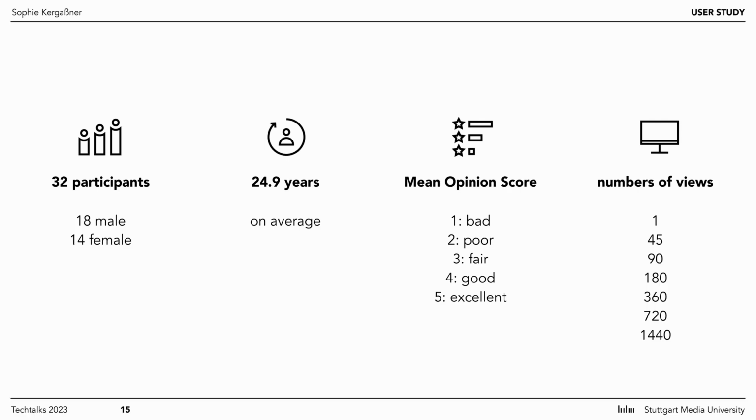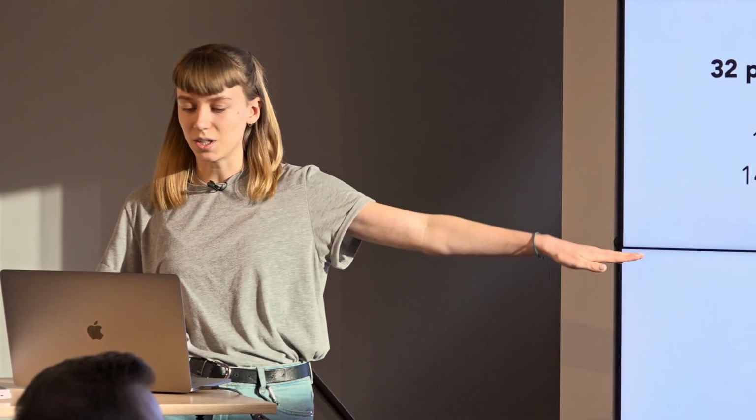And the evaluated numbers of views were 1, so basically a standard display, 45, 90, 180, 360, 720, and 1440 views, all on a field of view of 180 degrees. So if we take 180 divided by these numbers, we get the angular resolution, but we will work with these numbers.